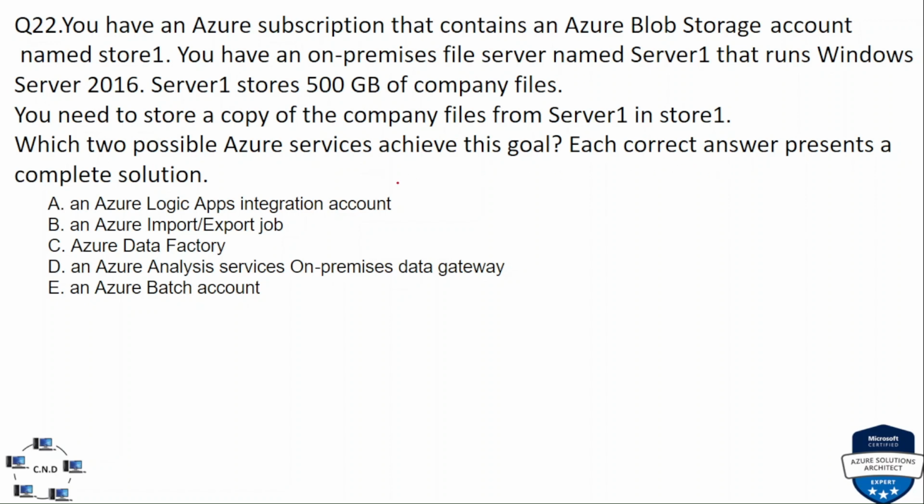Each correct answer represents a complete solution. And the options are A. An Azure Logic Apps integration account, B. An Azure import export job, C. Azure Data Factory, D. An Azure Analysis Services on-premises data gateway, and E. An Azure Batch account.